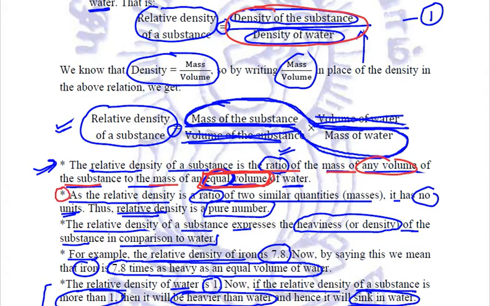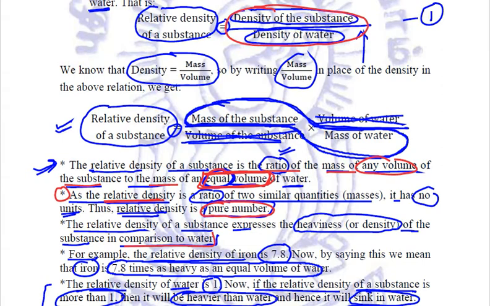Another very important thing, which you normally get in exams: the SI unit of relative density is nothing. It has no units. It is unitless and it is always expressed as a pure number. And this relative density expresses the heaviness of the substance with respect to water.